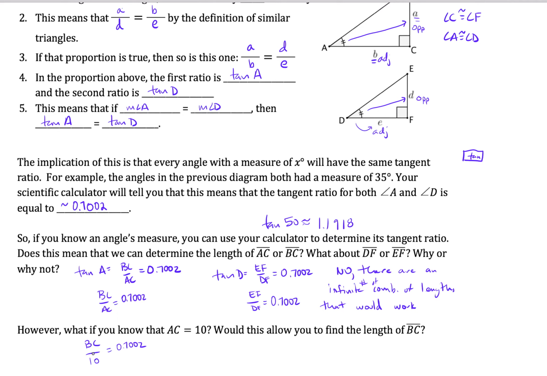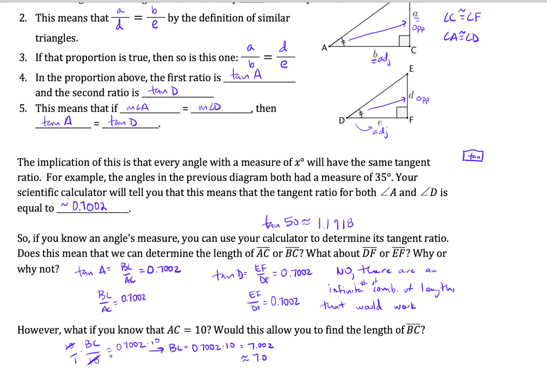If I know that BC divided by 10 is equal to 0.7002, then that would indicate that if I multiply both sides by 10, these 10s will cancel out, and BC would be equal to 0.7002 times 10, which is going to be about 7.002, which we'll say about 7.0.